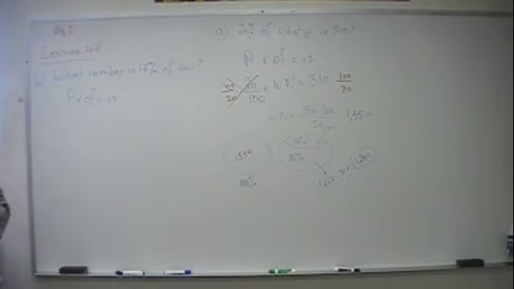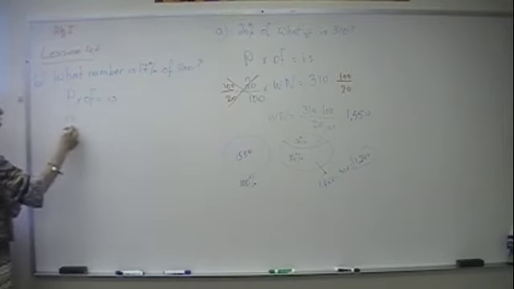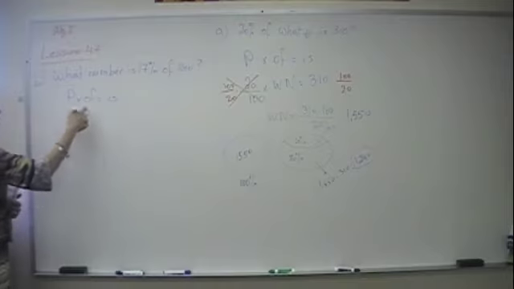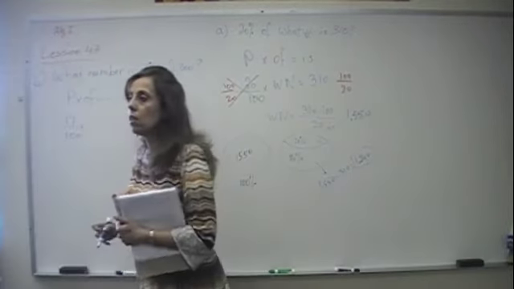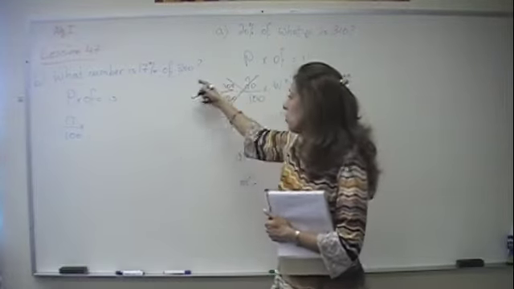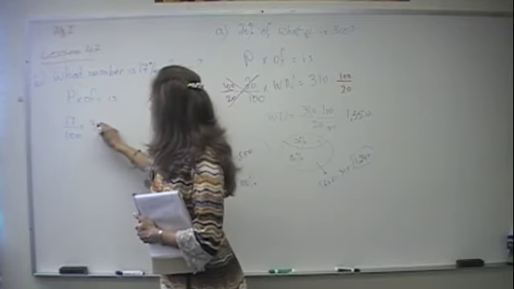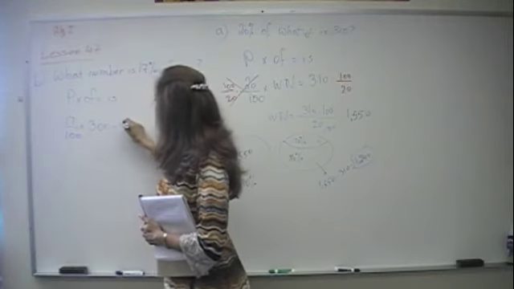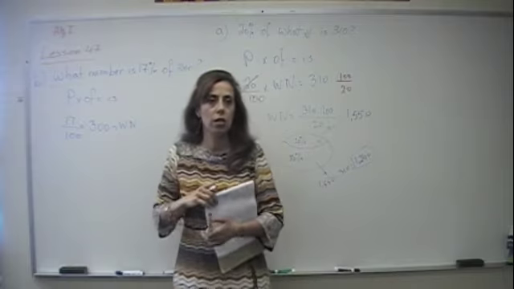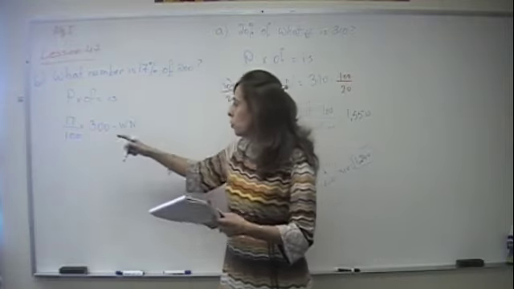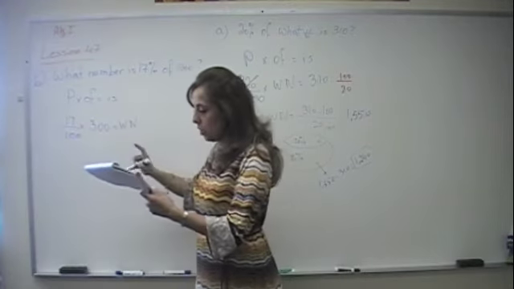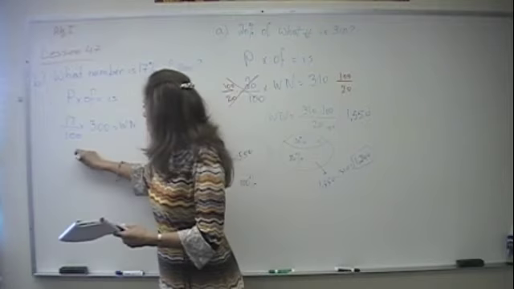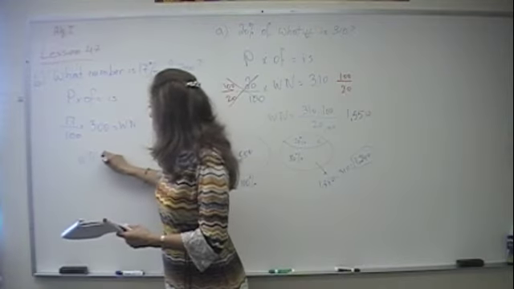What is my p in this problem? 17%. So that's 17 out of 100 times, what's my of? 300. Very good. Equals what number, or is? You just have to do 17 times 300 divided by 100, and your wn will be 51.